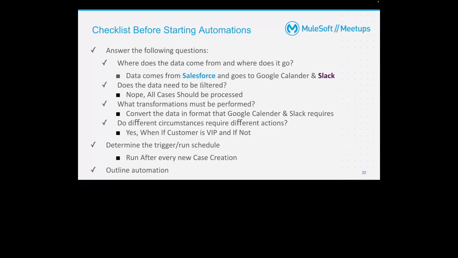Then, do different circumstances require different actions? Yes. As said, I would check whether the customer is a VIP or not. If the customer is a VIP, then I would perform a different set of actions. If the customer is not a VIP, then I would perform another set of actions. So if the customer is a VIP, we would send a Google Calendar invite and inform my regional manager of the case created.